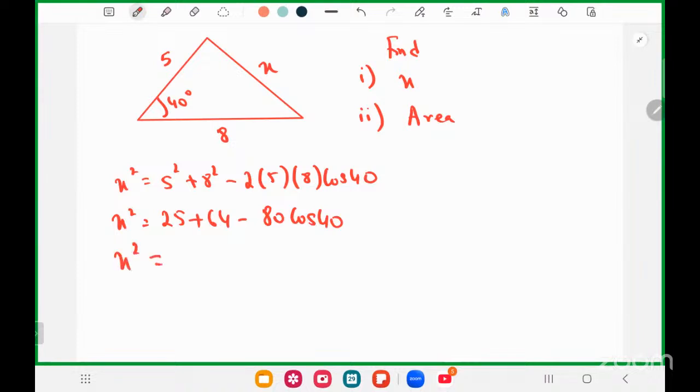X square is 25 plus 64 minus 80 cos 40. 27.72, 5.26.